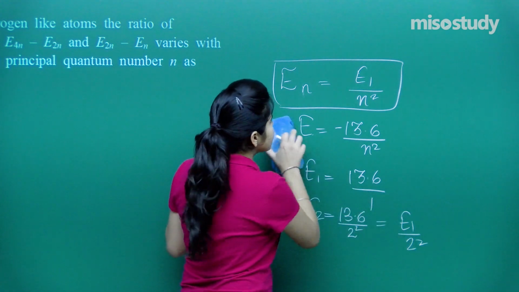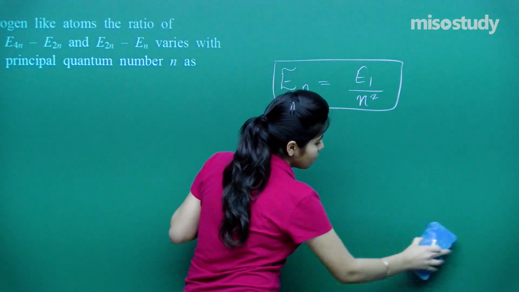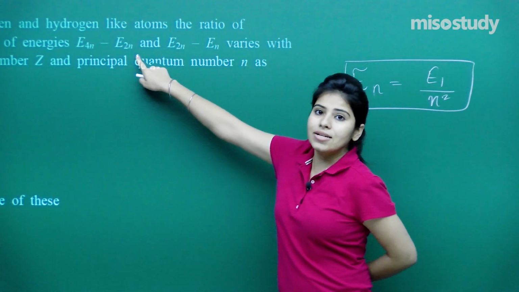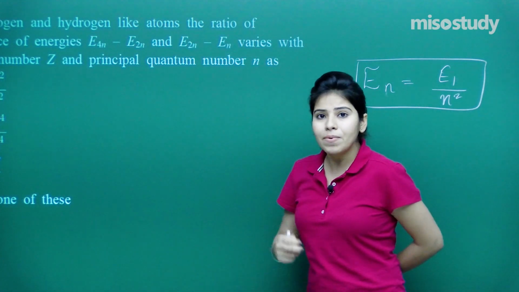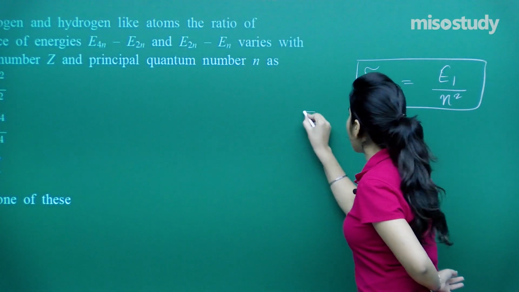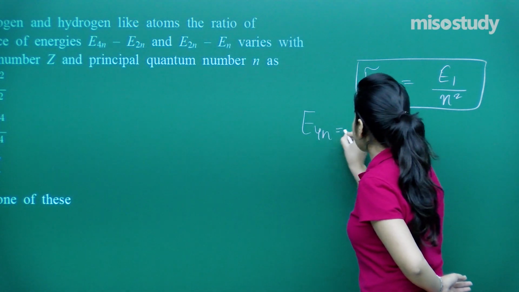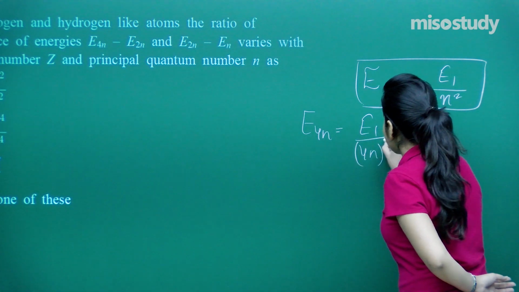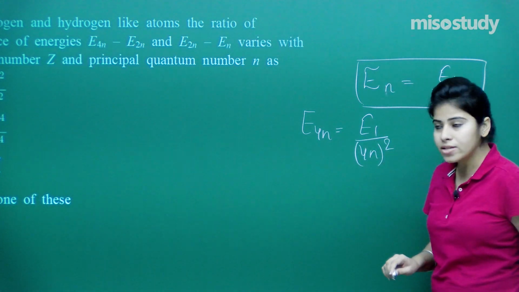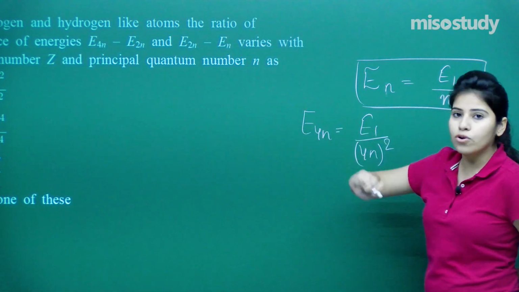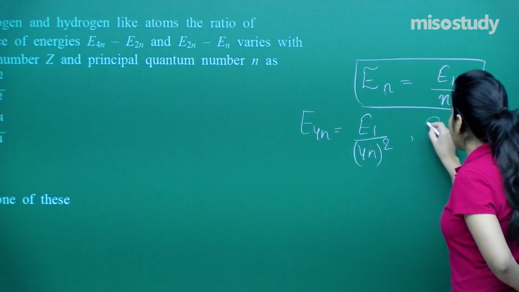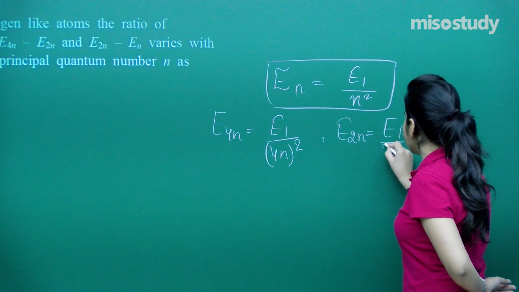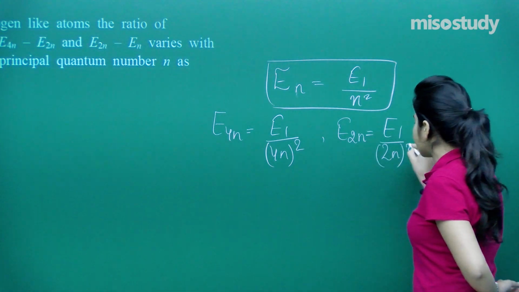So let me start with the question now. We have been given E4n minus E2n. If I write for E4n, that will be E1 upon 4n square, right students? And E2n will be E1 upon 2n square.